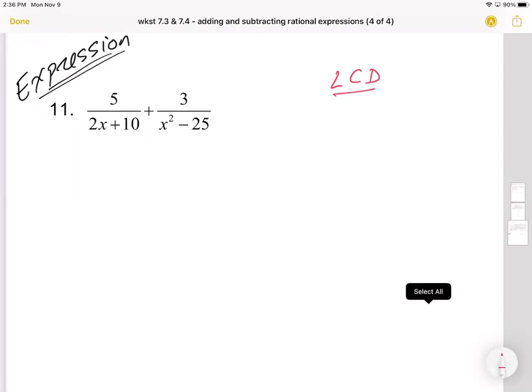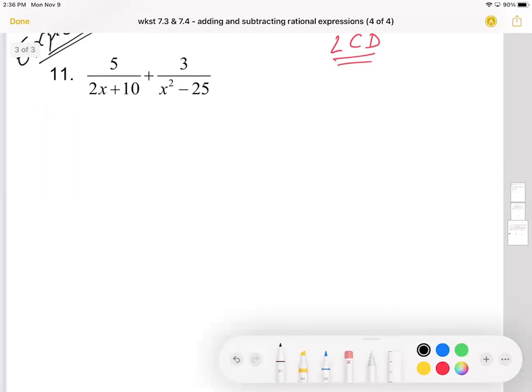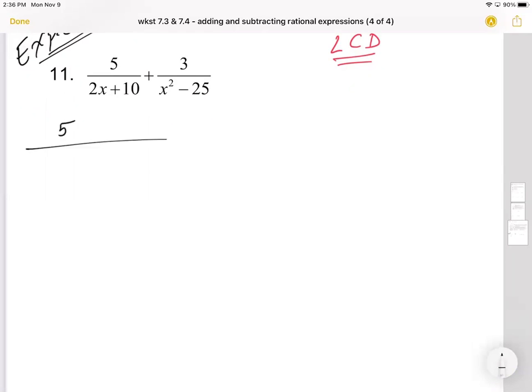So how do I find the LCD? To find the LCD, I need to factor this out. I want to factor this item to see if there is any like term. Do you agree that on the denominator, 2x plus 10, I can factor out a 2 to give me x plus 5?